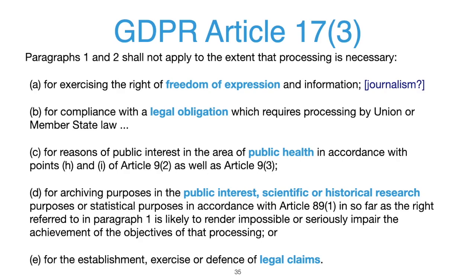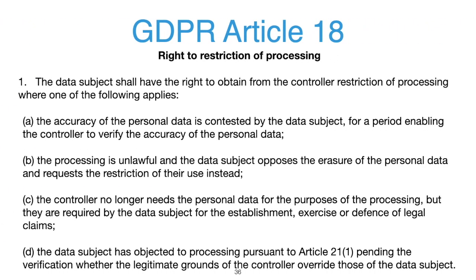Part D talks about the public interest in scientific or historical research. And 17.3e specifies that the erasure request can be refused in the exercise or defence of legal claims. So, if you're involved in a court case with someone and you have information about them that's relevant to that case, they can't decide that you should delete all that.